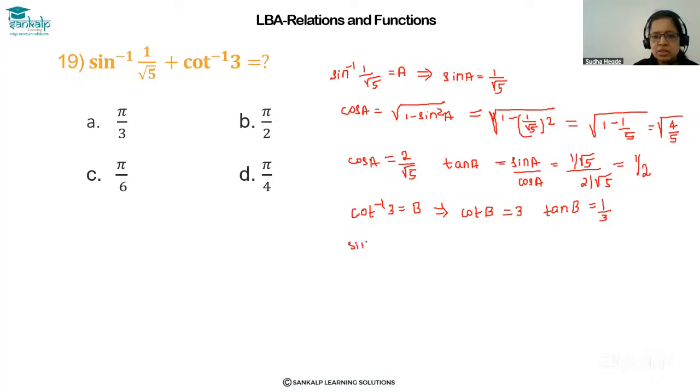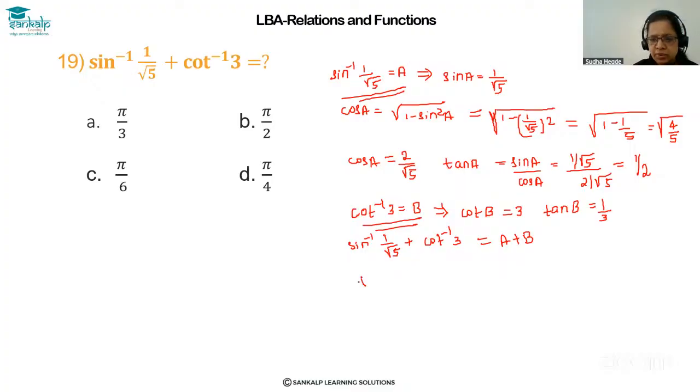Sine inverse 1 by root 5 plus cot inverse 3, that is equal to A plus B. Correct? Because sine inverse 1 by root 5 is equal to A, cot inverse 3 is equal to B.